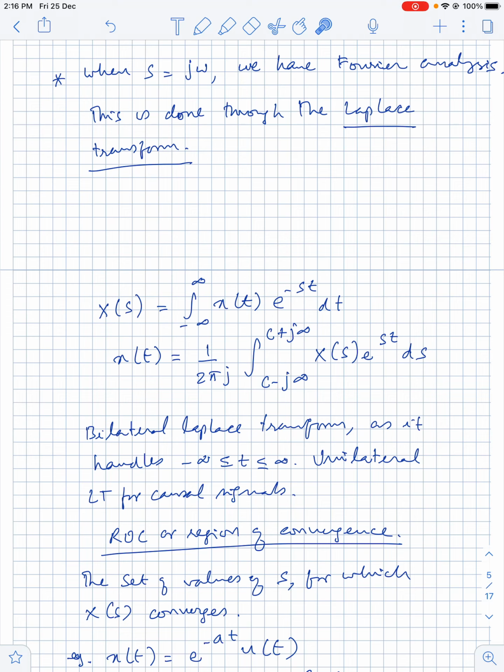This gives me the expression of X of s, which is the Laplace transform of x of t. And from the Laplace transform, you can come back to the time domain. This s domain is usually also known as the frequency domain.